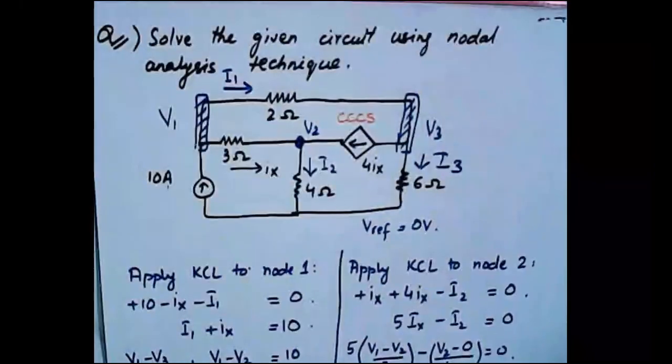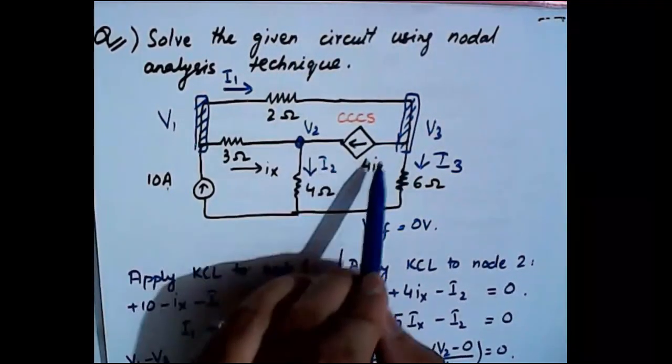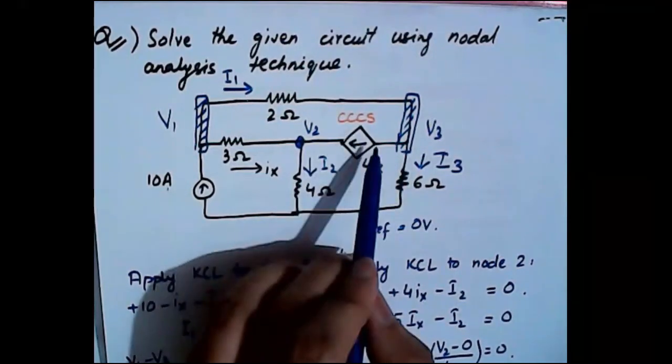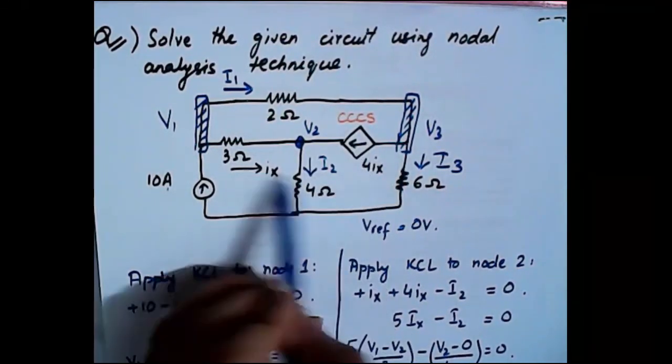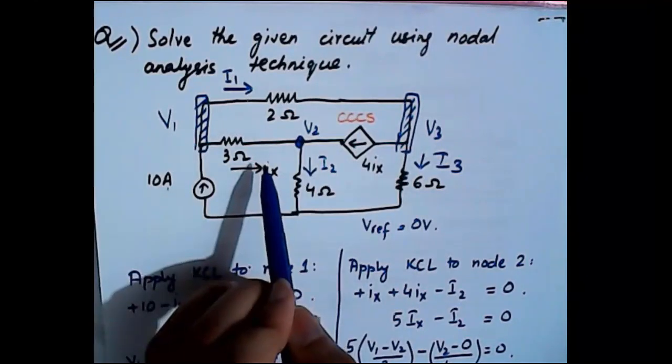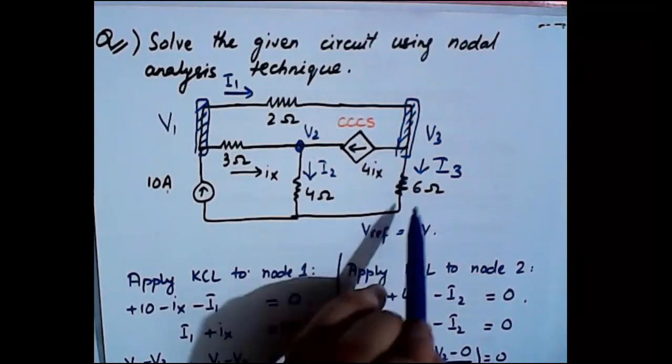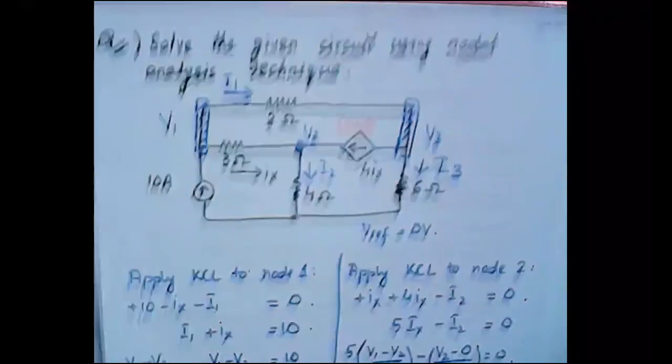Here you can see this is I1, V1 minus V3 divided by 2. Ix you cannot find from this branch, right? You have to go to the branch of the controlling parameter. Here is Ix, V1 minus V2 divided by 3, and I3 is V3 minus 0 divided by 6, right?